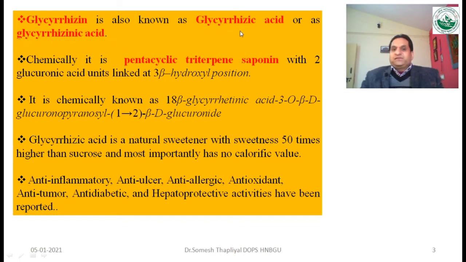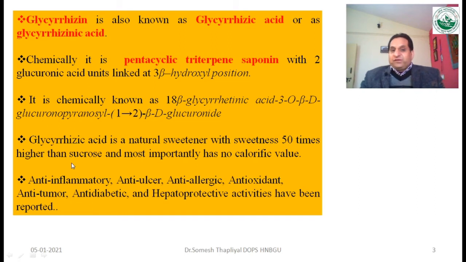You have to remember always that chemically, glycyrrhizin or glycyrrhizic acid is a pentacyclic triterpene saponin, and its chemical name is 18 beta glycyrrhetinic acid 3-O-beta-D-glucuronopyranosyl (1,2)-beta-D-glucuronide.